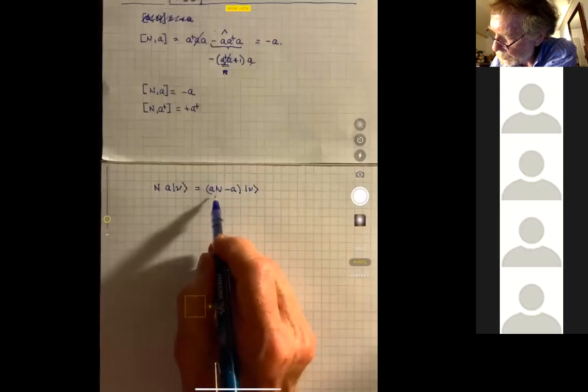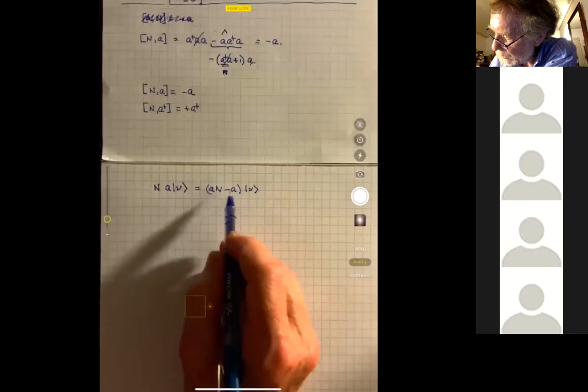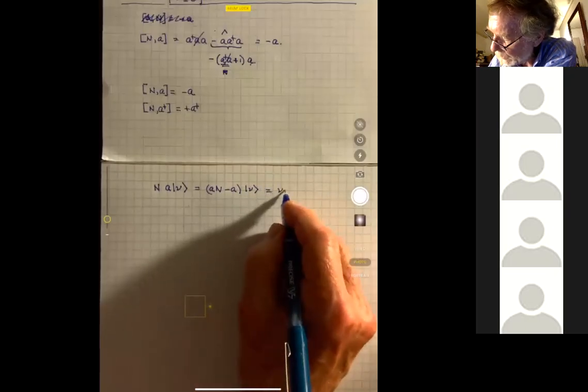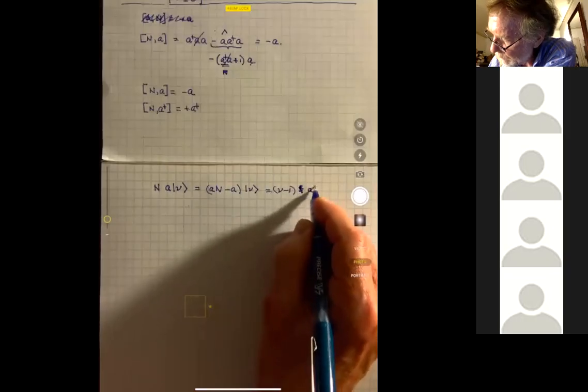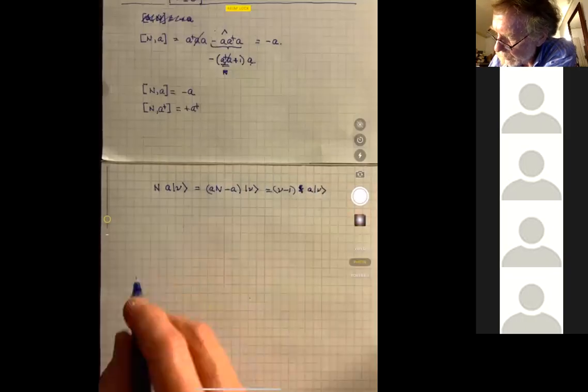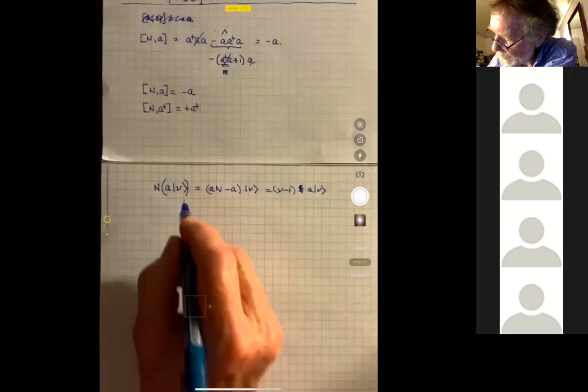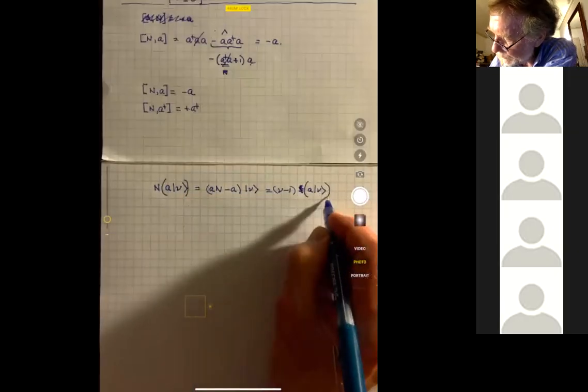Now the capital N is adjacent to nu, and so it brings out nu. The result is nu minus 1 times A nu. So we have capital N acting on A nu is nu minus 1 times A nu.